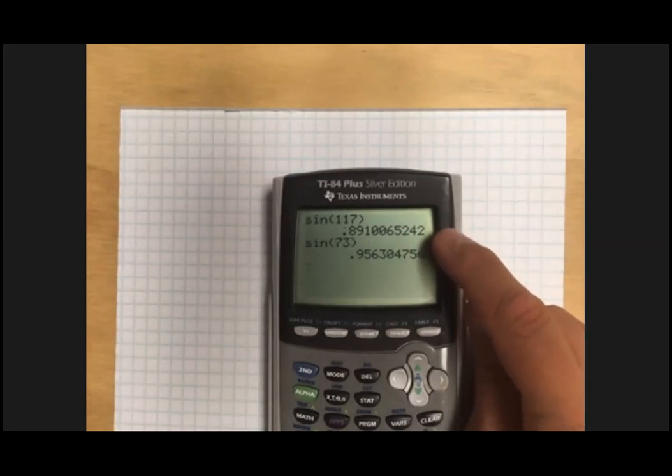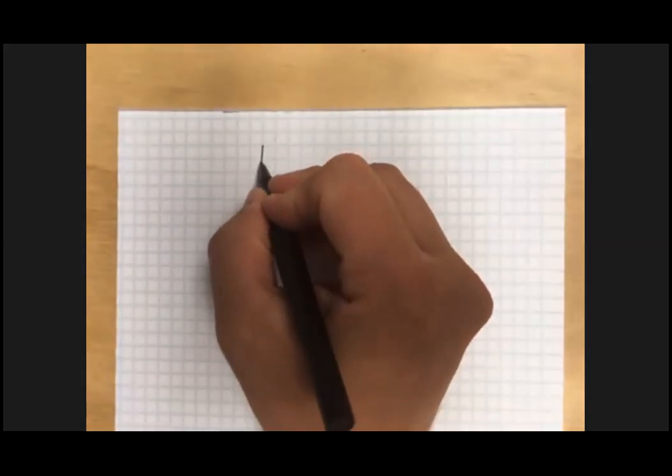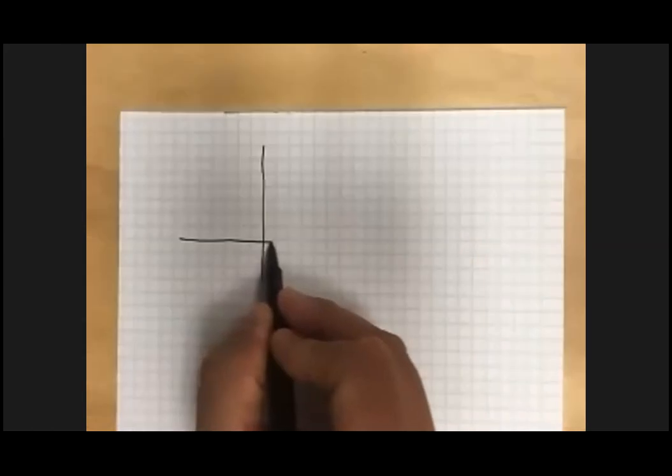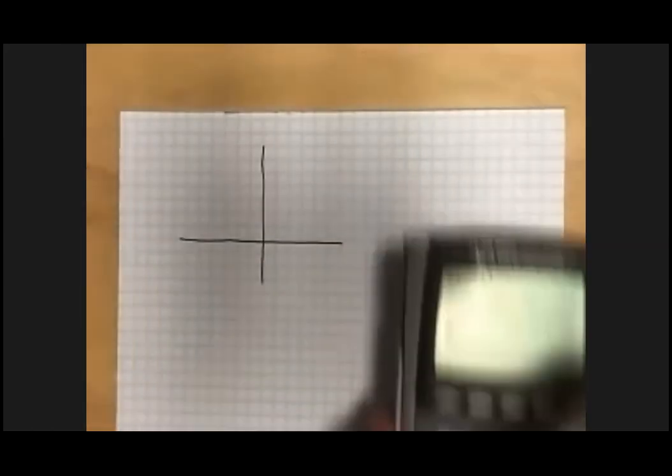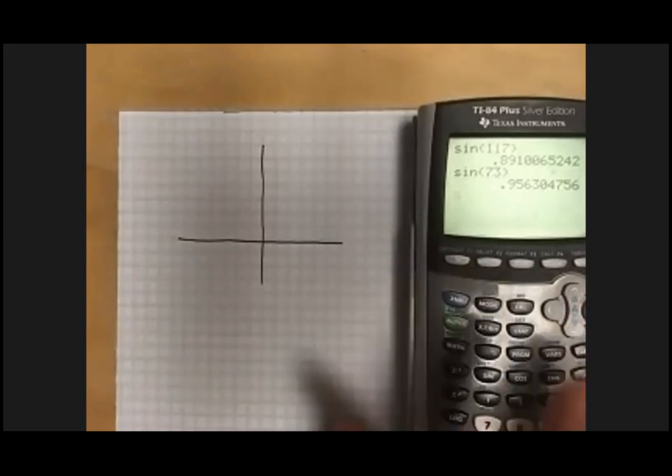I have to understand what they mean in terms of a ratio. So let me just draw those two right here on the page. I'll bring it back over here, although it's kind of in the glare, isn't it?